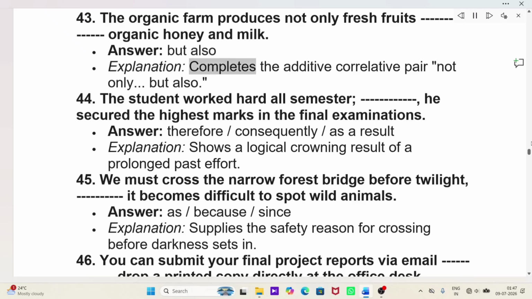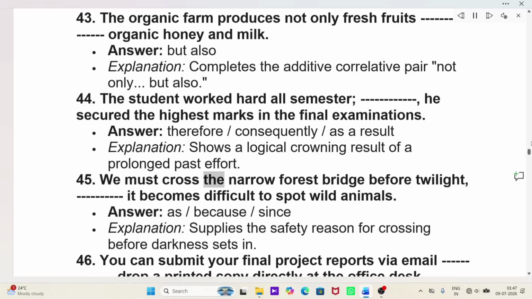Explanation: completes the additive correlative pair, not only, but also. 44. The student worked hard all semester, ____ he secured the highest marks in the final examinations. Answer: therefore / consequently / as a result. Explanation: shows a logical crowning result of a prolonged past effort.